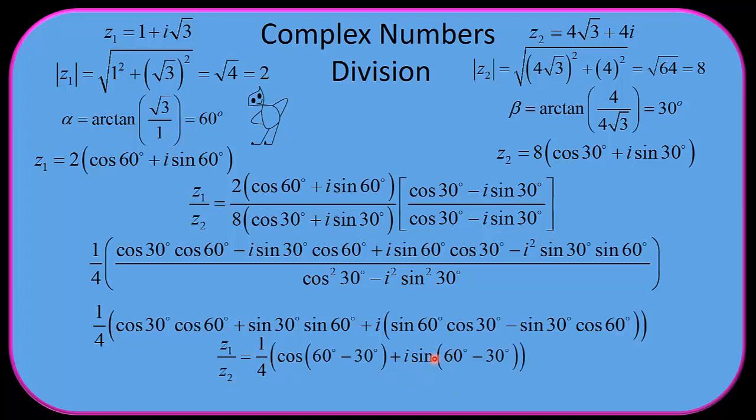Now you might wonder, okay, how did we get here? Well, take note. Cosine 30, cosine 60 plus sine 30, sine 60. That is the formula for a difference of angles for cosine. That's a formula from the identities part of trig.